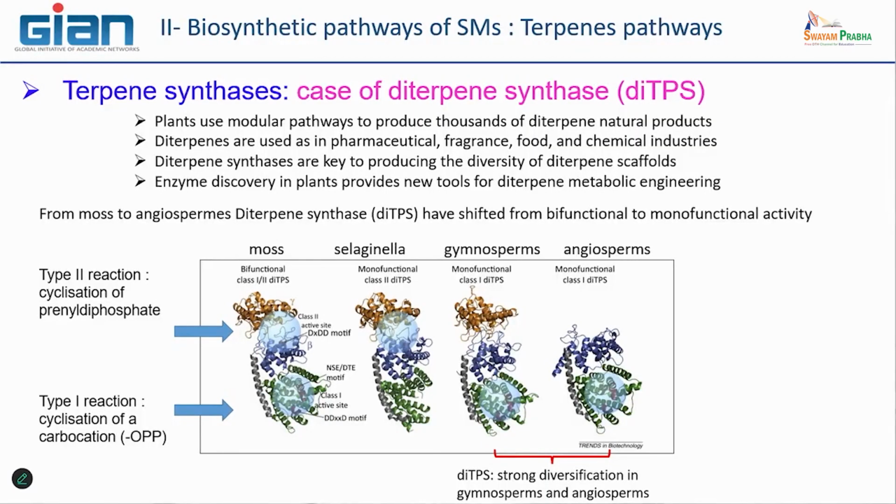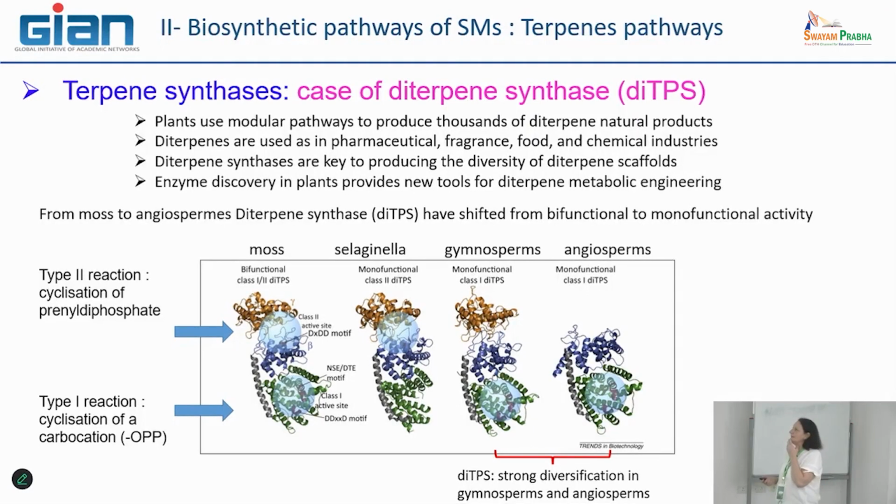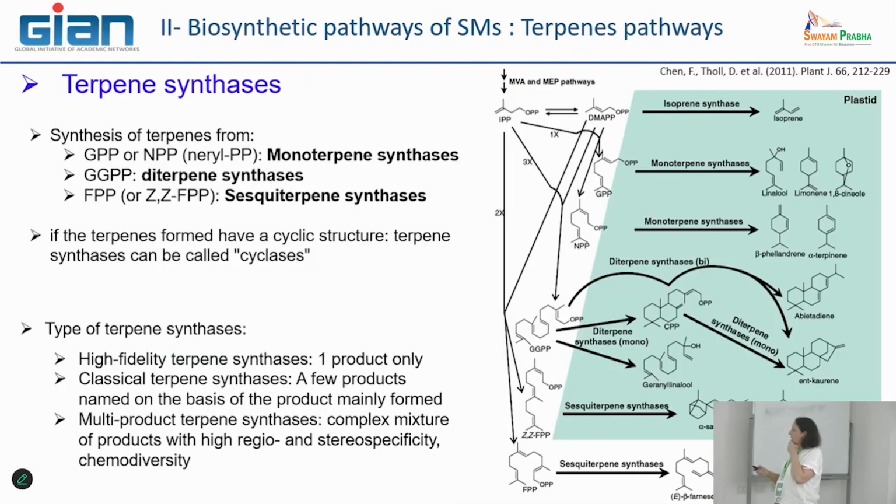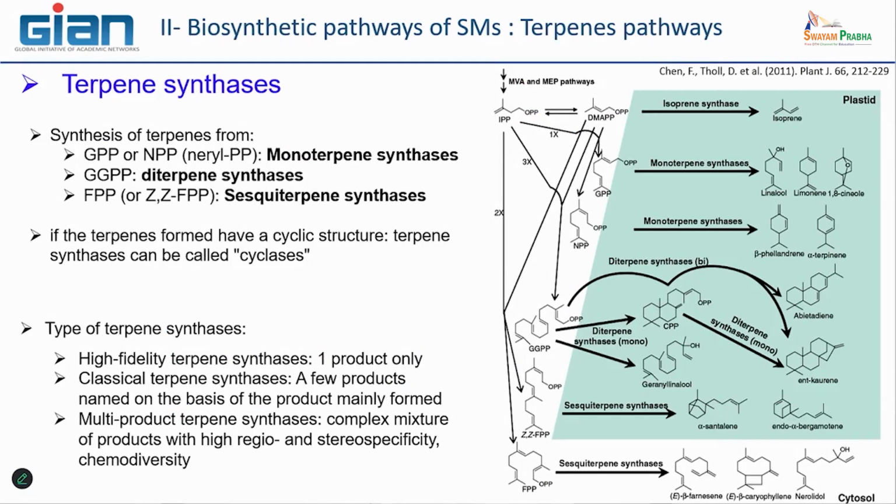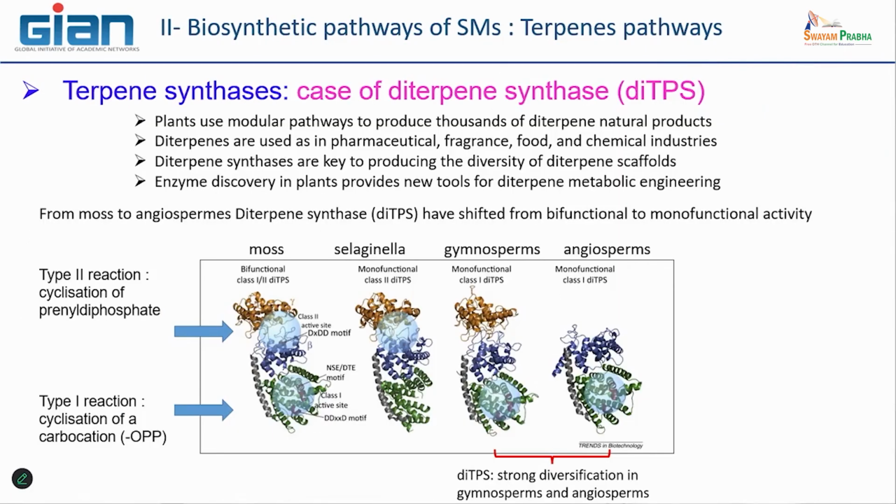In particular, it was the case of diterpene synthase. Diterpene synthases are very important here, you see, because they can produce several very important intermediates, like this one, and they have been very intensively studied.